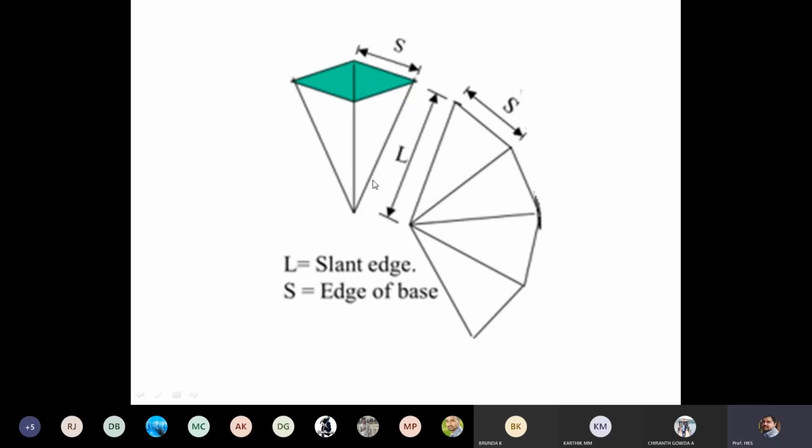When you go for development, you have to develop it for the true length of the slant edge. L is the true length of the slant edge, that means the actual length. When can you get the true length of the slant edge?